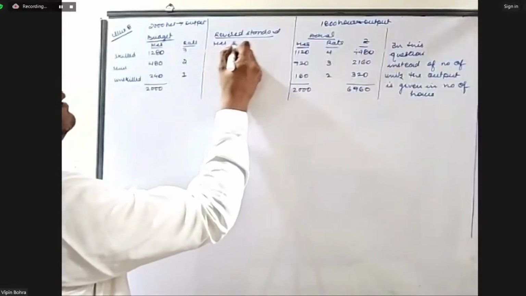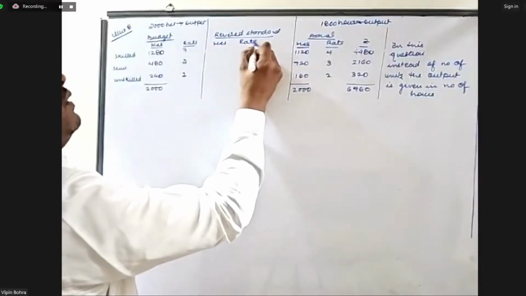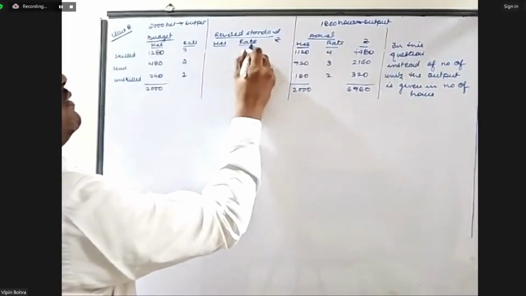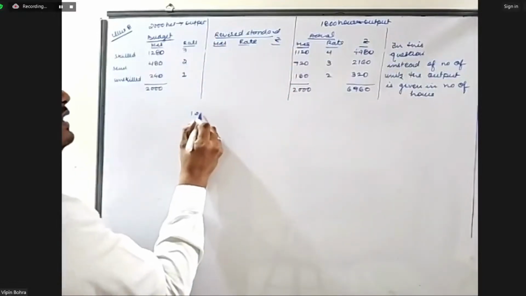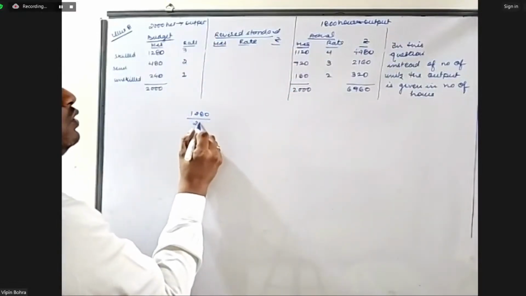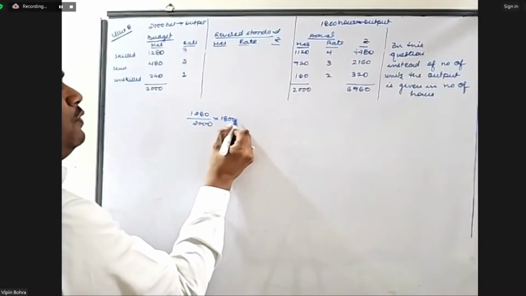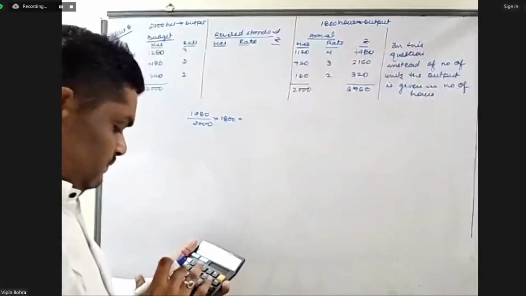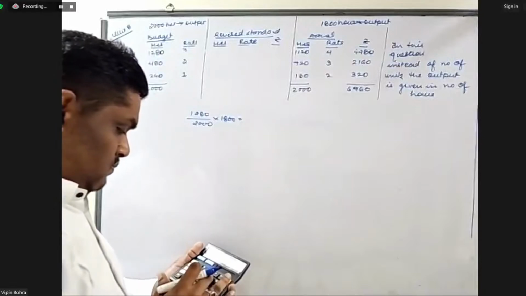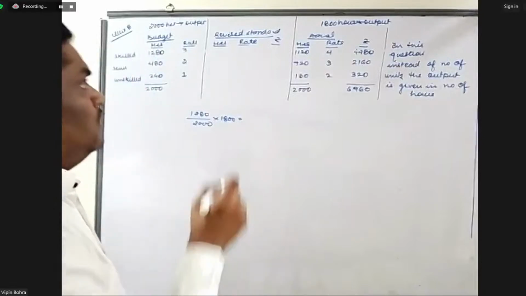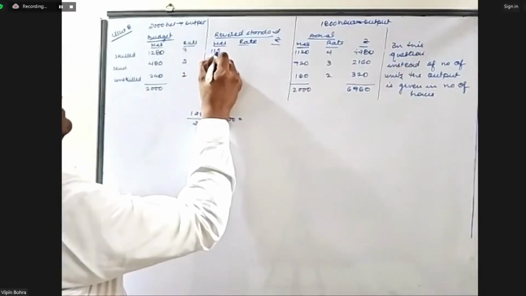So hours, rate, and amount. 1280 hours for 2000 hours of output. So for 1800 hours of output, how much? So this will be 1152.